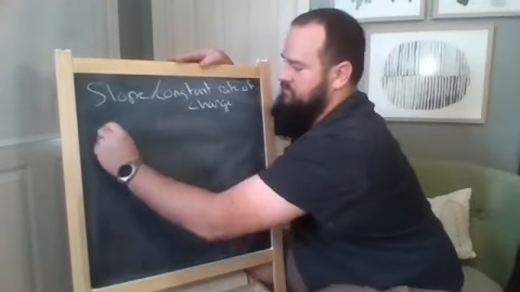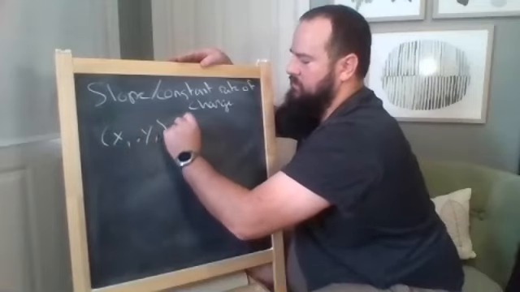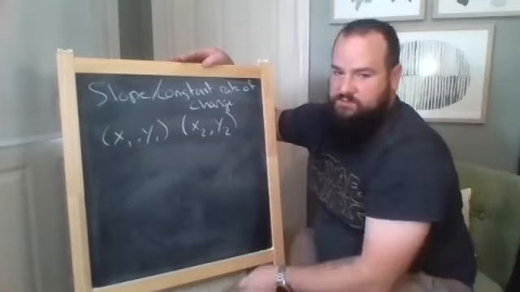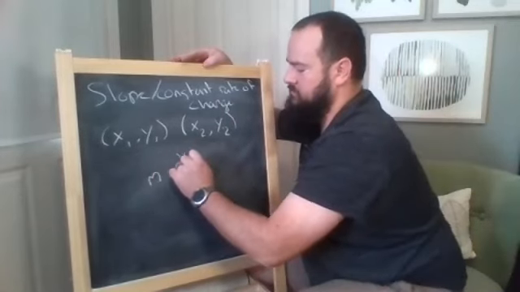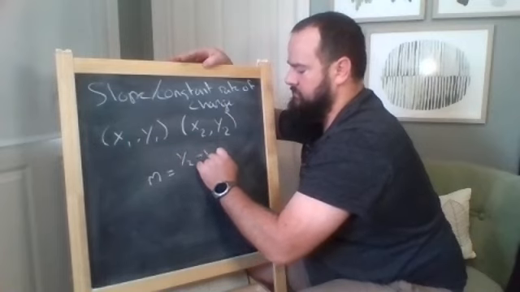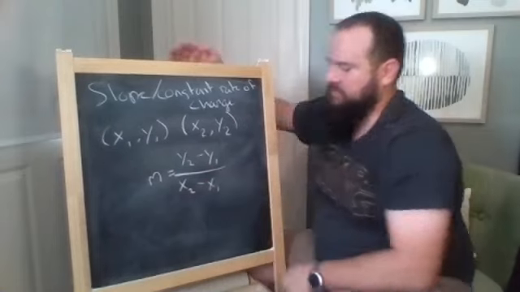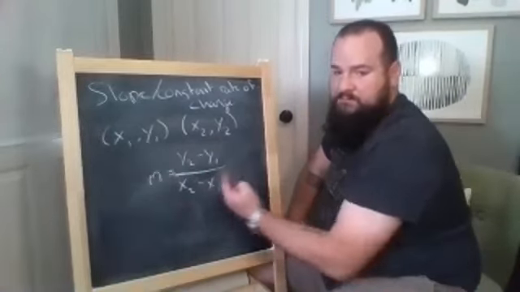So if we have 2 points, x1, y1 and x2, y2, our slope, m, is very simply y2 minus y1 over x2 minus x1. It's the change in outputs over the change in inputs.